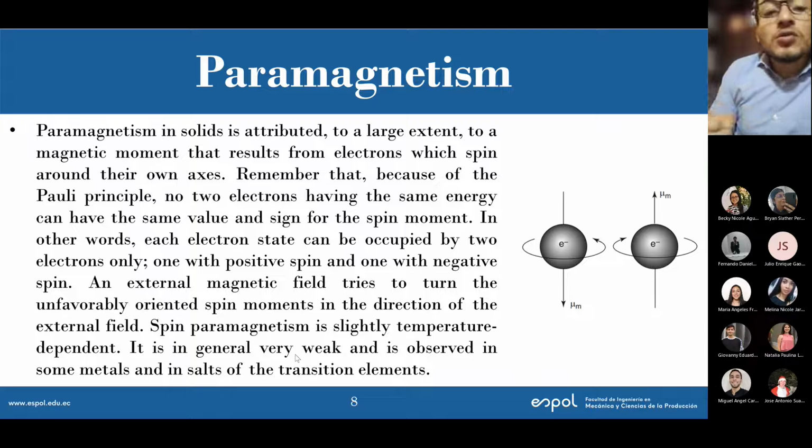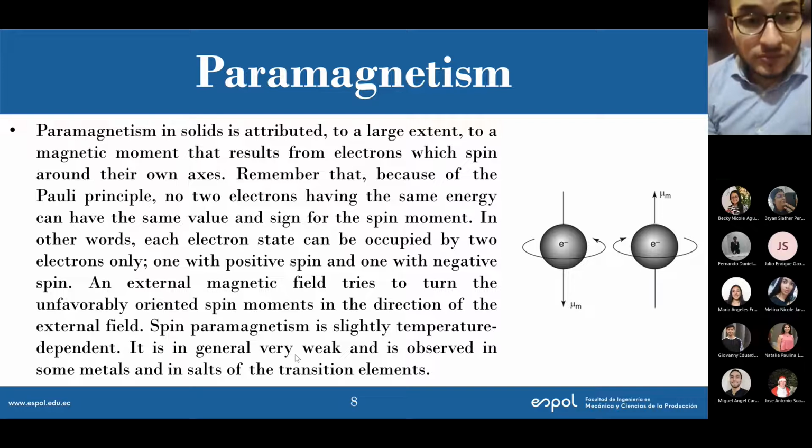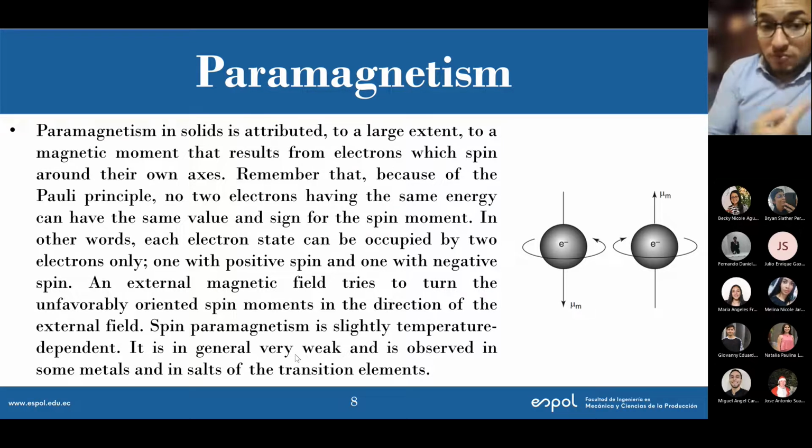So now it doesn't have to do with electrons orbiting around the atom. That was the case for diamagnetism. For paramagnetism, it's the magnetic moment that is created as a result of electrons spinning around their own axis.